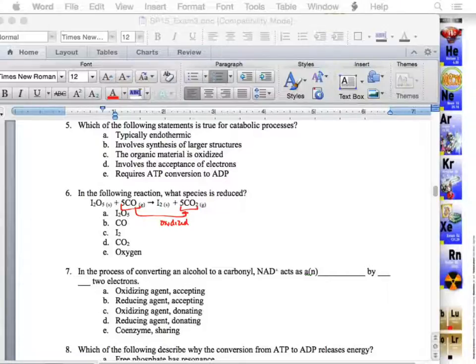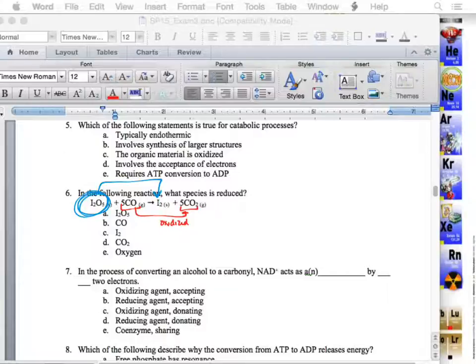You want to volunteer it again? The iodine species, the I2O5, was reduced. Where's our iodine species? It's the I2O5. That's the species that was reduced. What is it reduced to? It was reduced to I2.